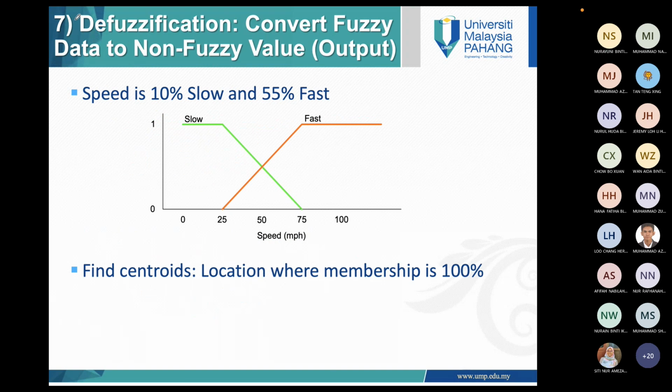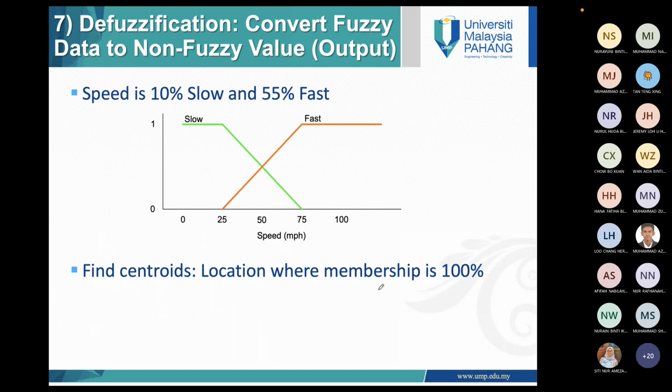So the last step is the defuzzification. Defuzzification is when we convert fuzzy data to a non-fuzzy value. For this part, we want to find the centroid, right?